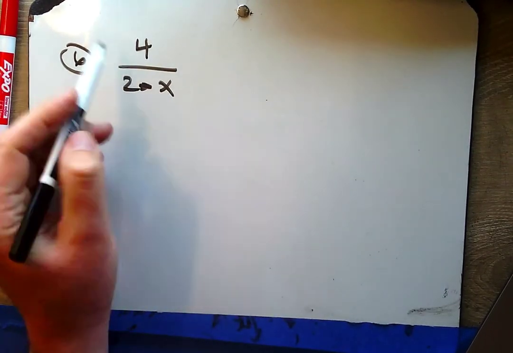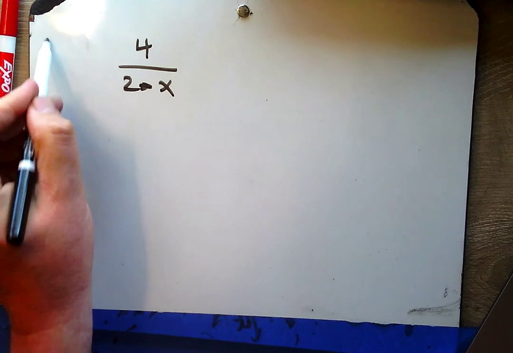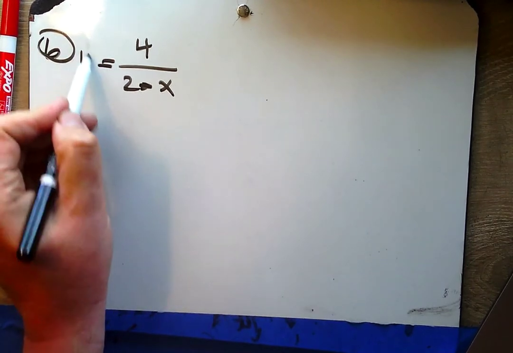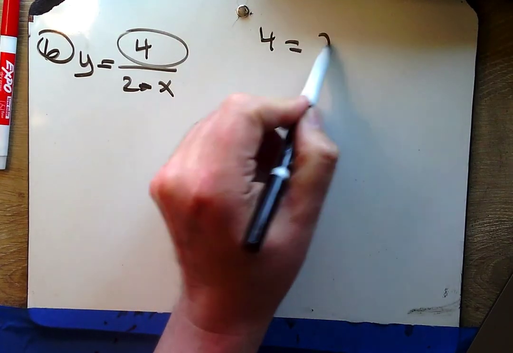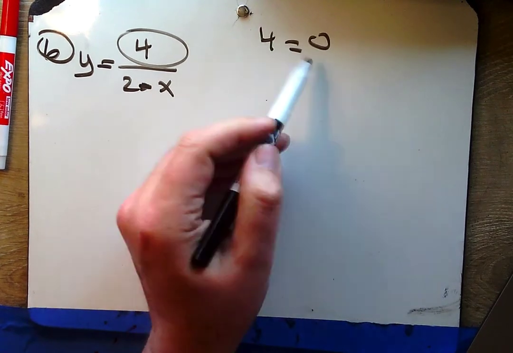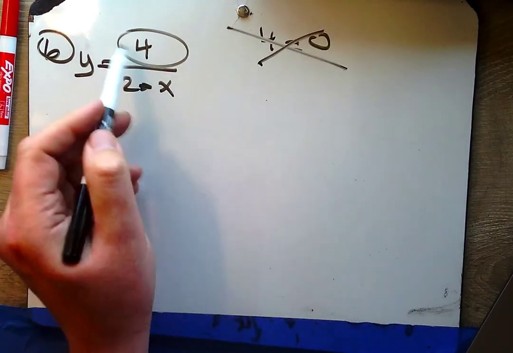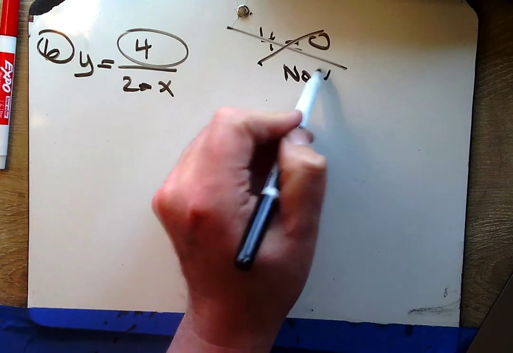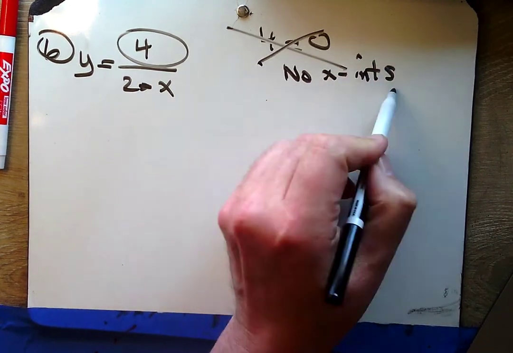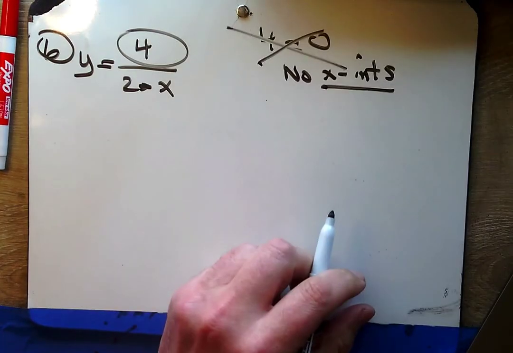Okay, so a lot of students really stress about this. Set the numerator equal to 0. No, 4 does not equal 0, so there are no x-intercepts. And no, you didn't do anything wrong. There just aren't any x-intercepts.